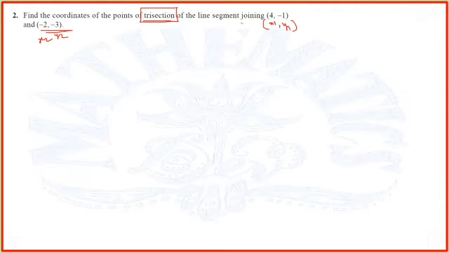Now when x1 y1 and x2 y2 are given, we must have the ratio to find out the coordinates of the intersecting point, or otherwise if the coordinates of the point are given and this AB is also given, then the ratio can be found.